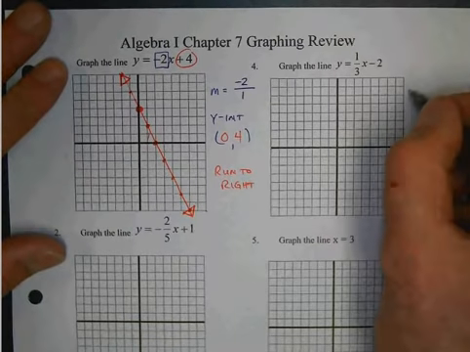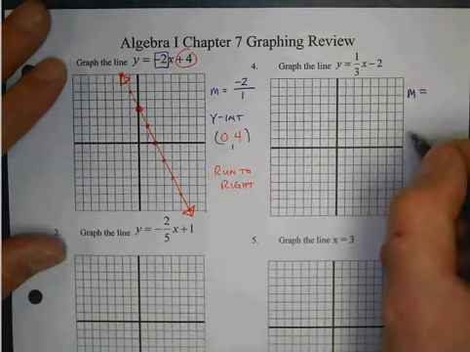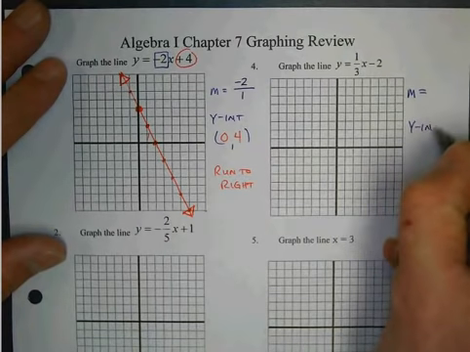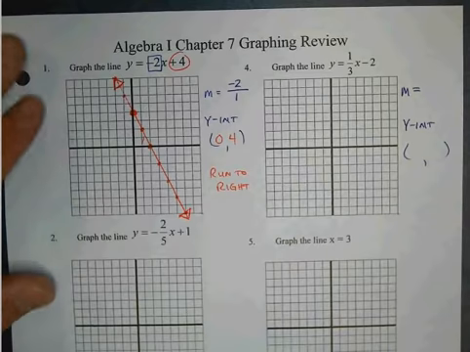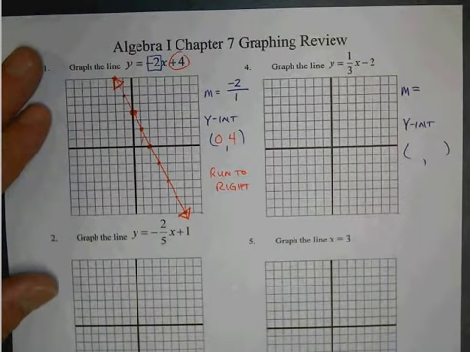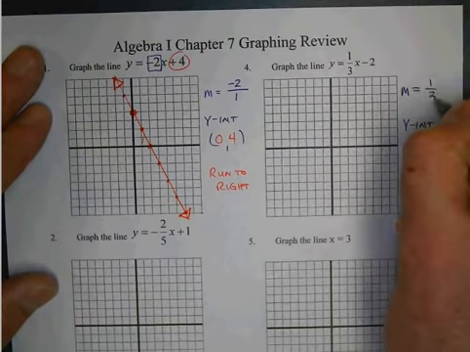Let's look at number 2. Off to the right, let's put our slope. And then below it, let's put y-intercept with our parentheses. All right, Josh answered that one, so let's have a lady answer this one. What's my slope? Haley? 1/3. Okay.